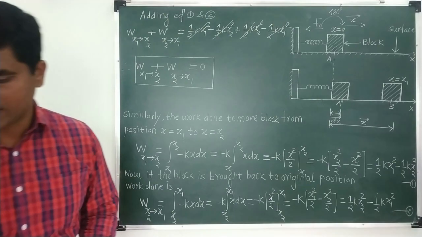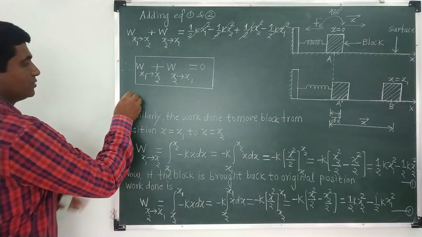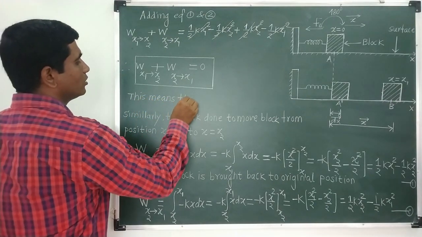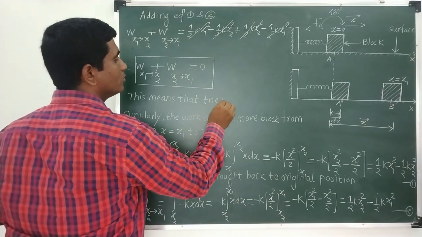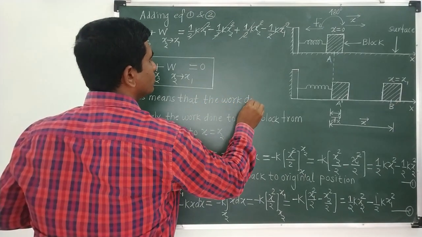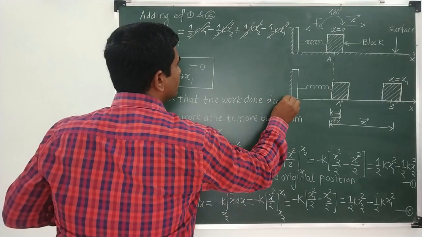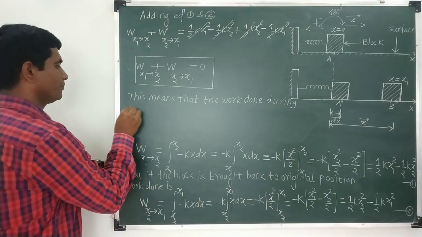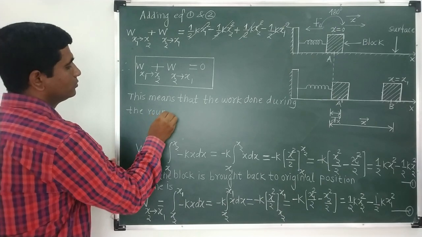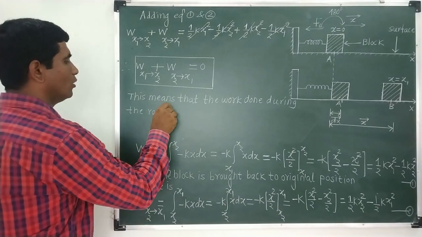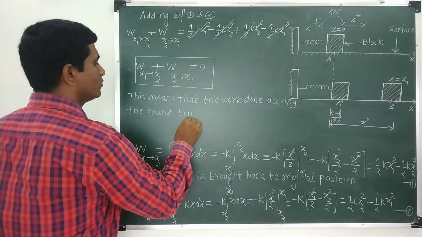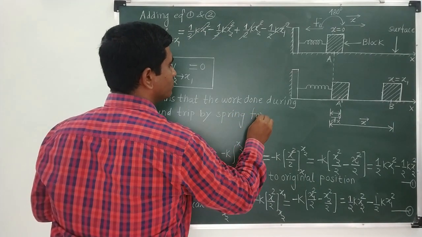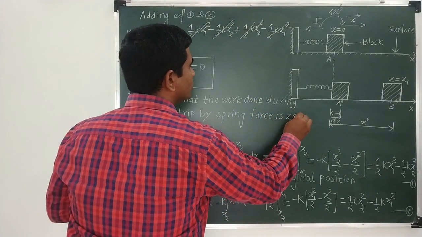So from this we can say that the work done during the round trip by the spring force is 0.